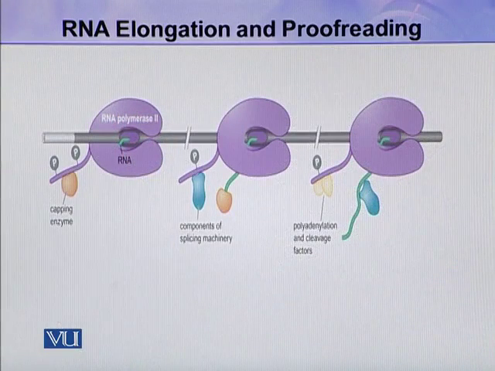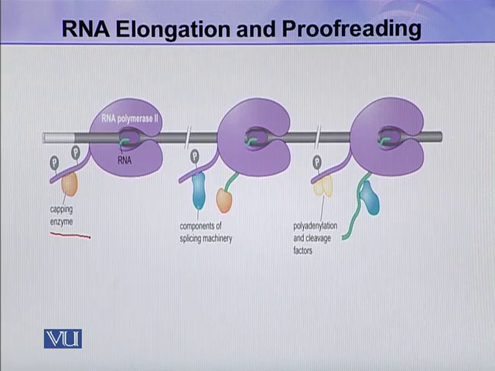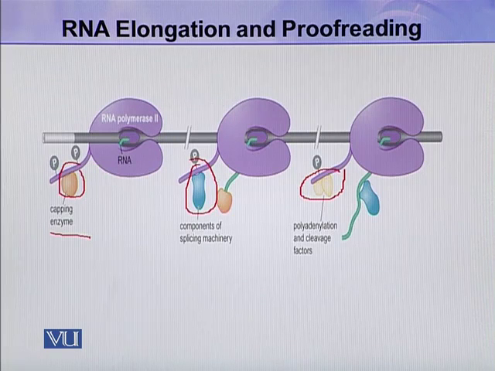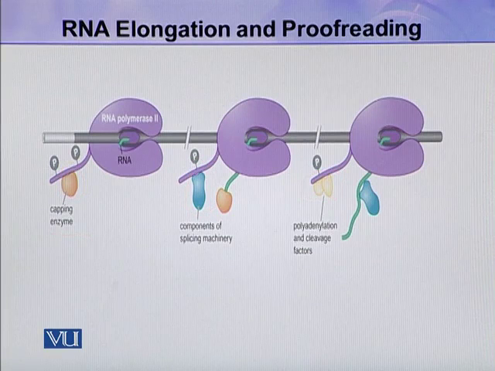So here you can see different factors. This is the capping enzyme, and this is the splicing machinery, and this one is the polyadenylation and cleavage factors. So these are different factors which are now recruited during the elongation phase.